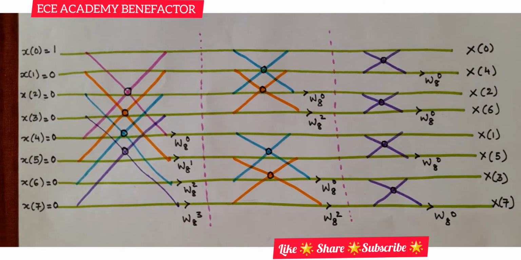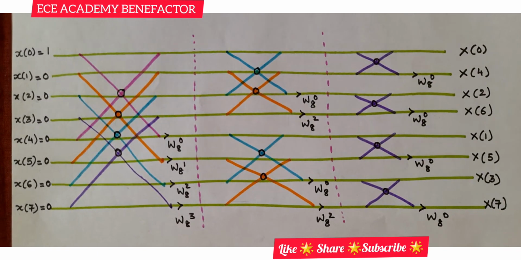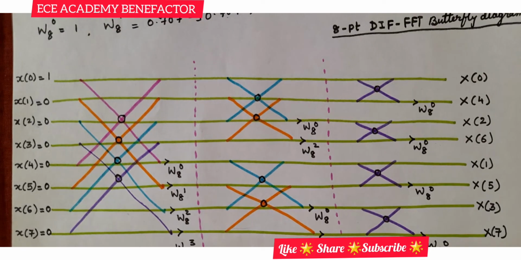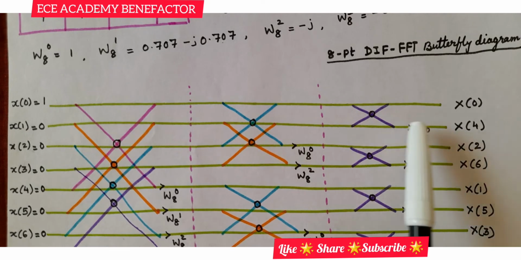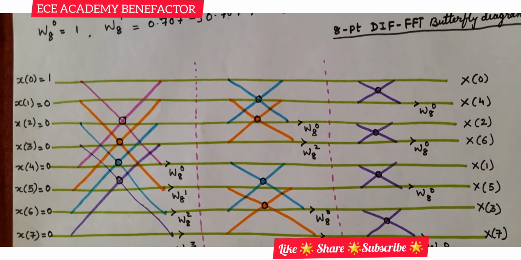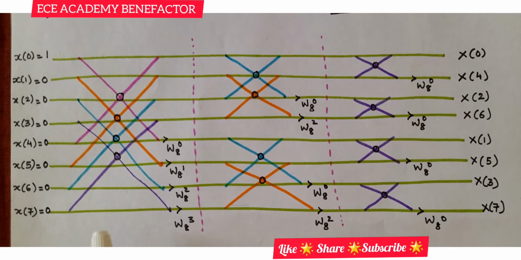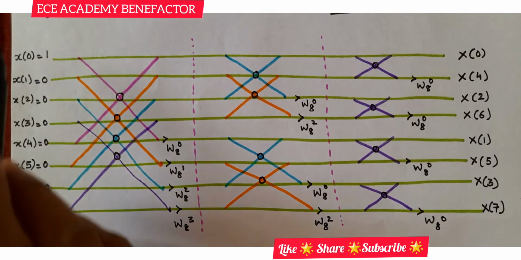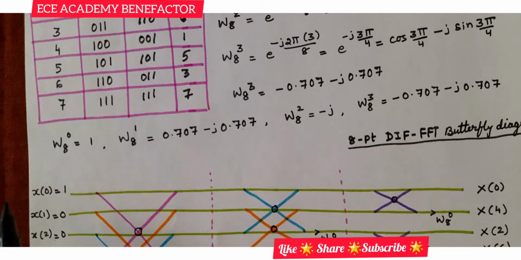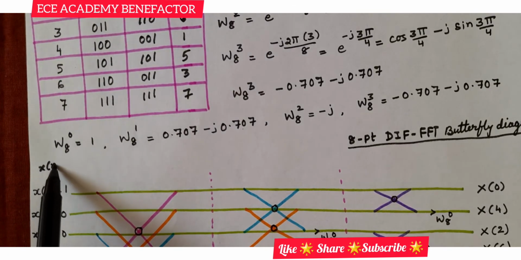So this is the DIF flow graph, the 8 point. This is an 8 point DIF FFT butterfly diagram. Okay. So in DIF, input is represented by small x of n.